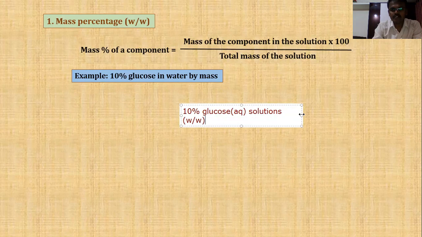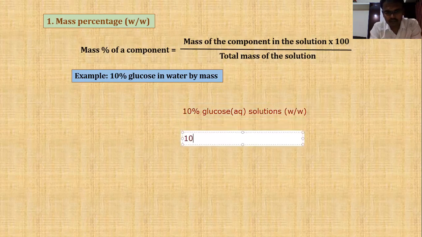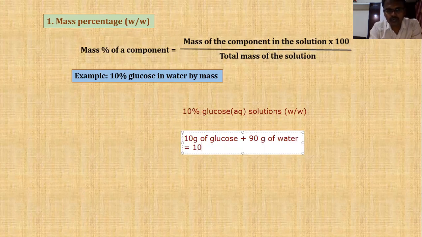So the meaning of this is 10 grams of glucose plus 90 grams of water, so that the mass of the solution is equal to 100 grams of the solution.